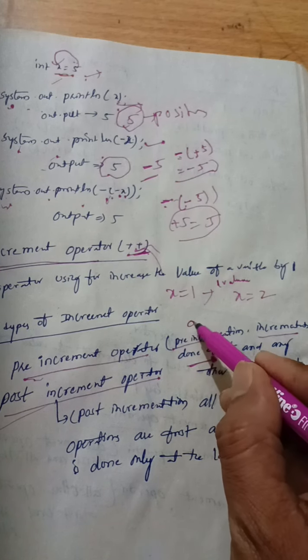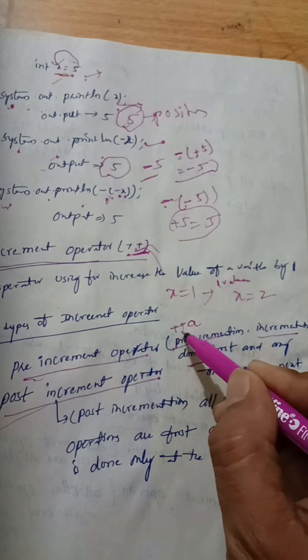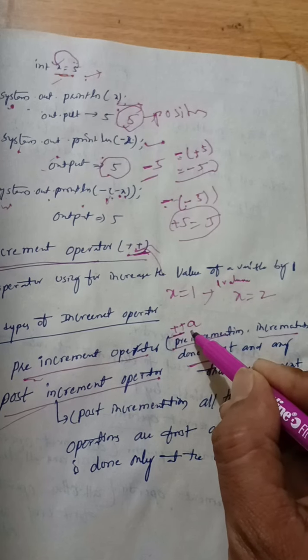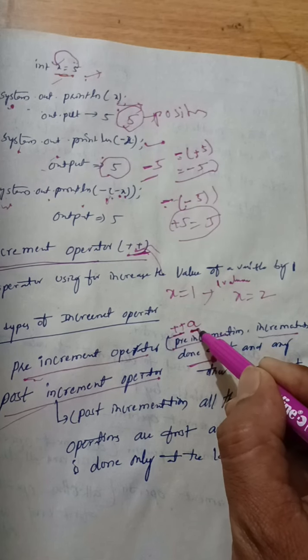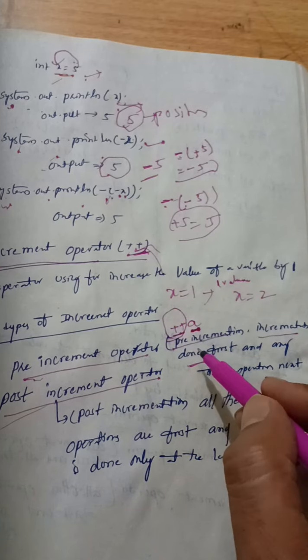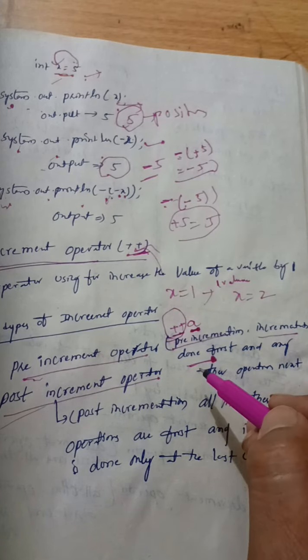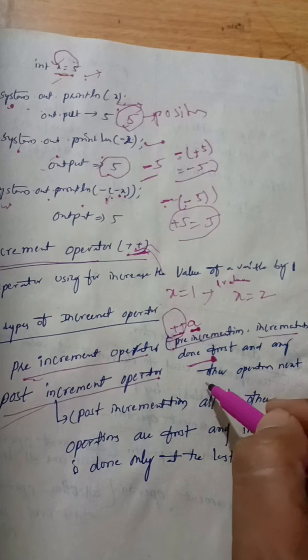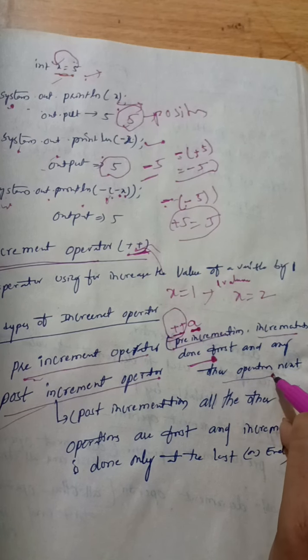How to write it: plus plus before the variable. First the incrementation is done, and any other operations come next. This is called pre-incrementation.